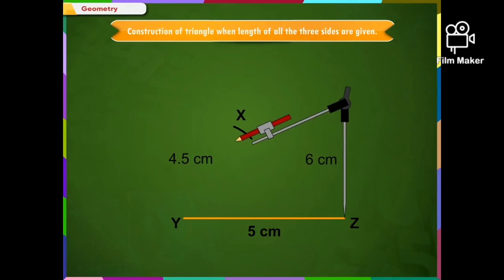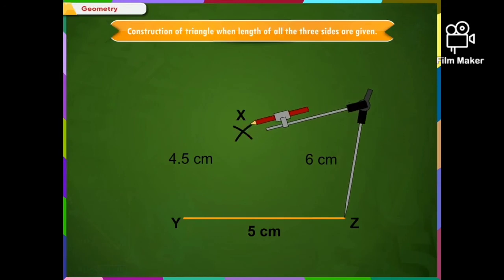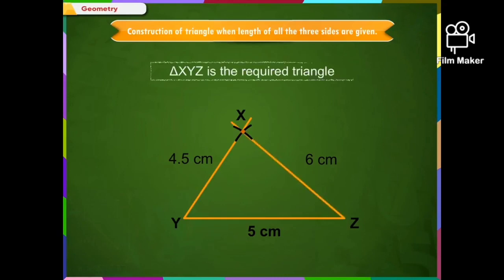So, with Z as center, draw an arc of radius 6 cm. Step 4. X has to be on both the arcs drawn. So, it is the point of intersection of the arcs. Mark the point of intersection of the arcs as X. Join XY and XZ. Triangle XYZ is the required triangle as shown in the figure.